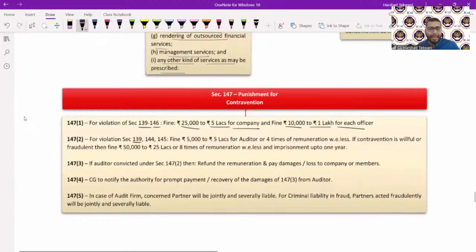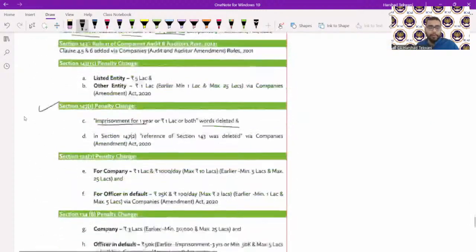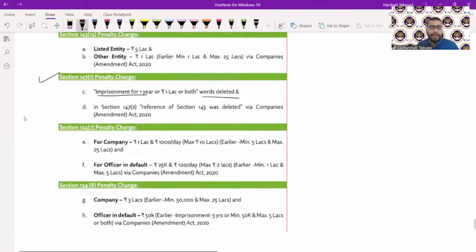Second, here 139, 144, 145 are the sections mentioned. Specific sections are mentioned for which this 147(2) penalty is applicable. Earlier, there was section reference 143 also, which has now been removed. So section 143 reference has also been removed.